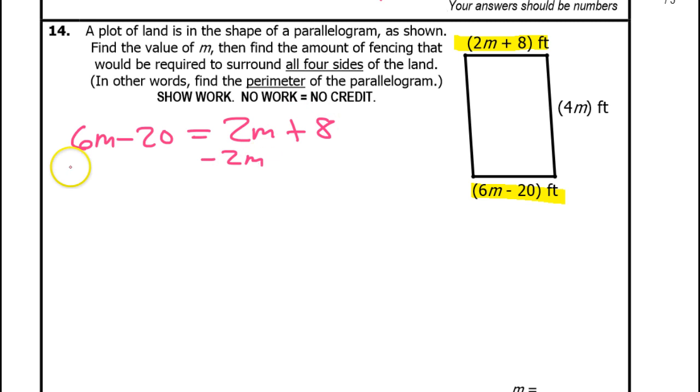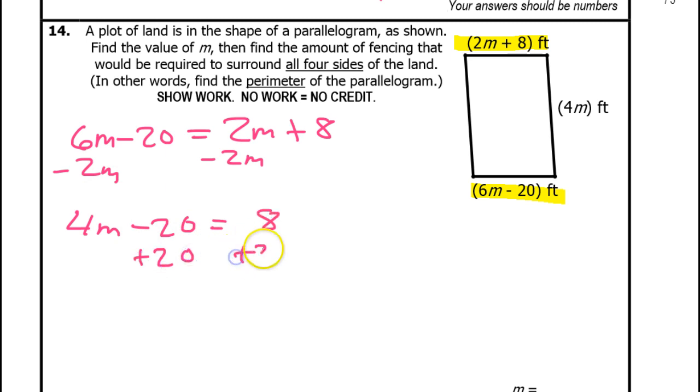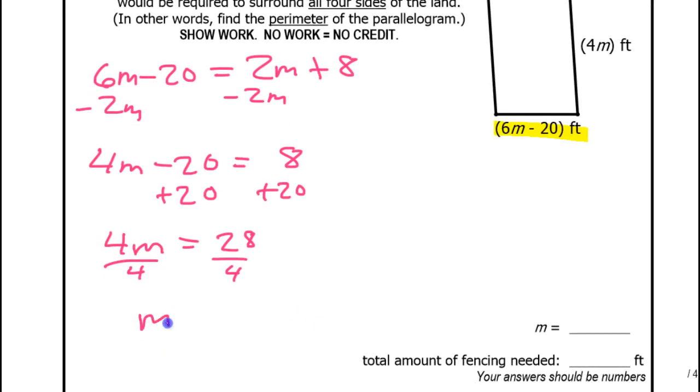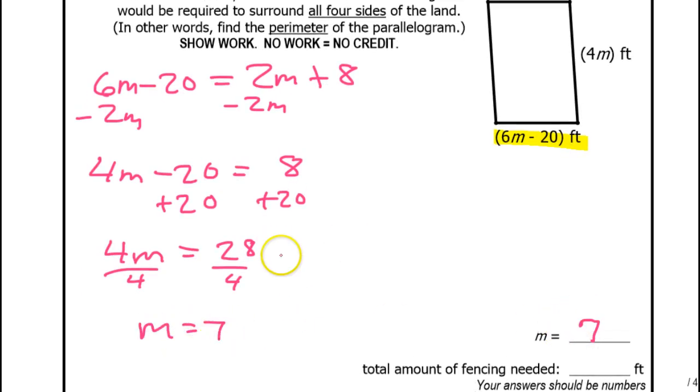If we subtract 2m from both sides, that will give us 4m minus 20 is equal to 8. And then if I add 20 to both sides, so that will be 4m is equal to 28. Then if I divide both sides by 4, that's going to give me m is equal to 7. So that's one of the things we're supposed to find.